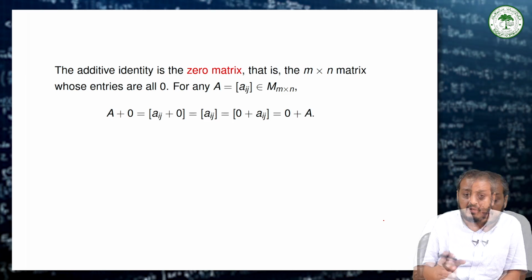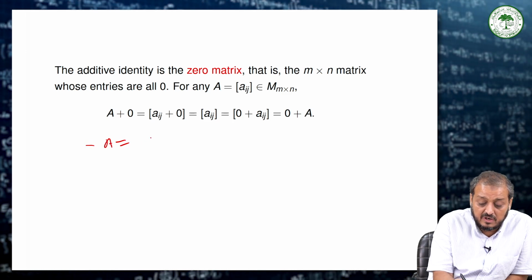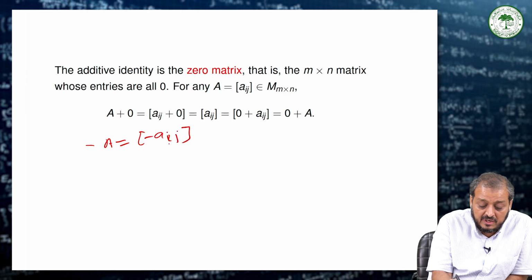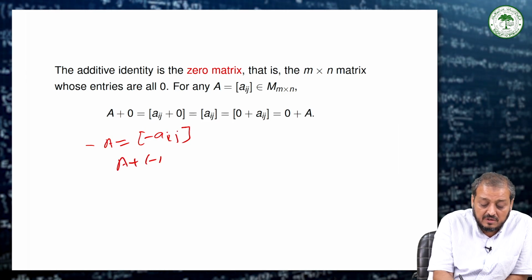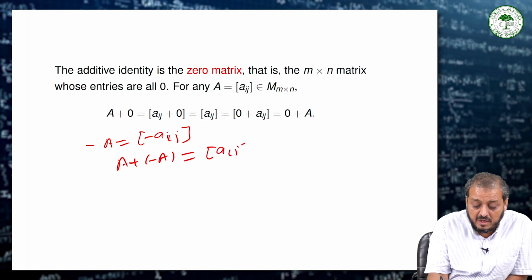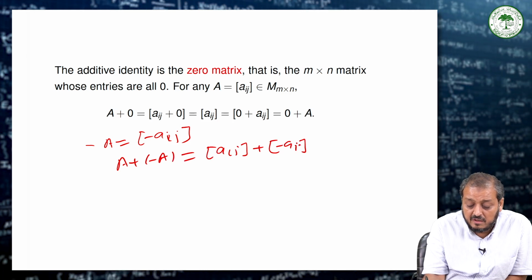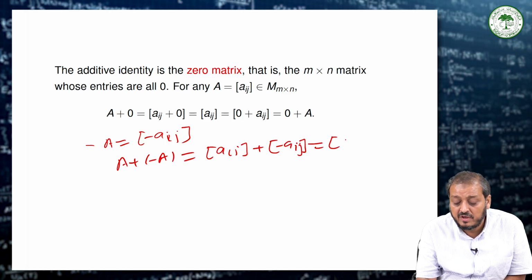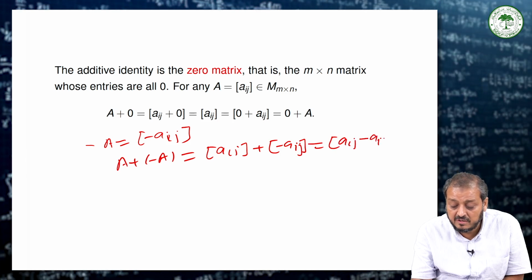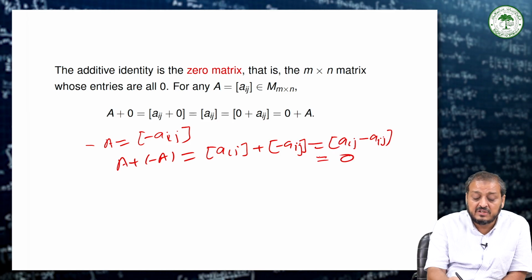If A is the matrix with entries Aij, then minus A has entries minus Aij. So A plus minus A can be written as A of ij plus minus Aij, which is Aij minus Aij, and this gives the 0 matrix, the identity element.